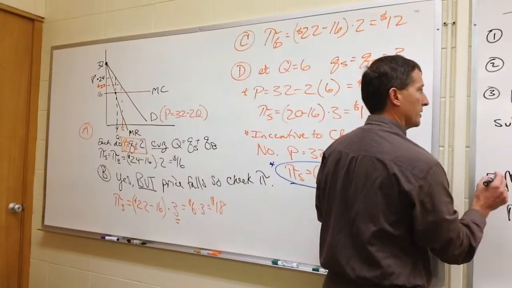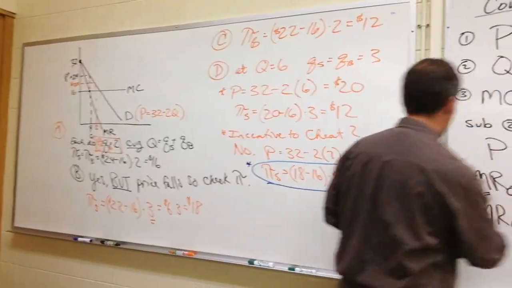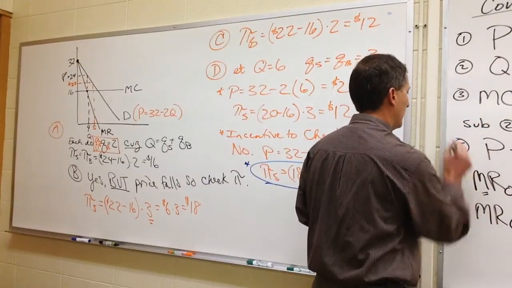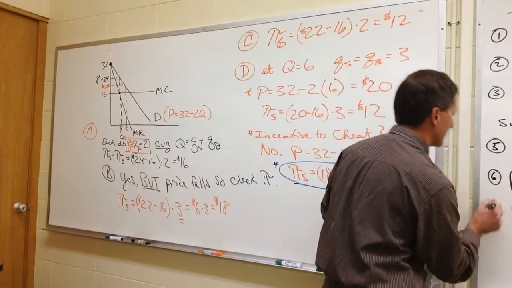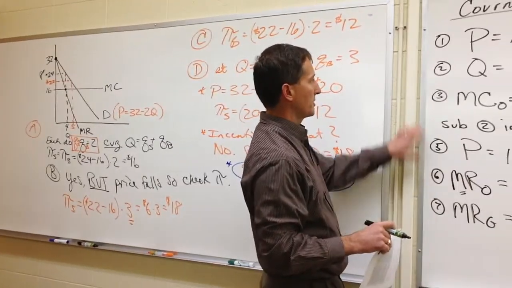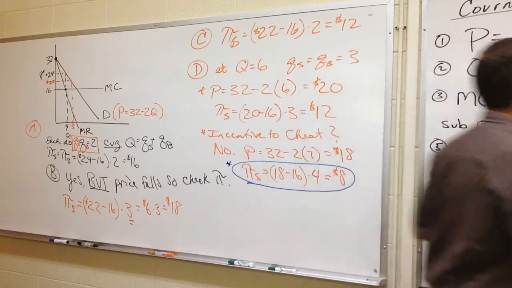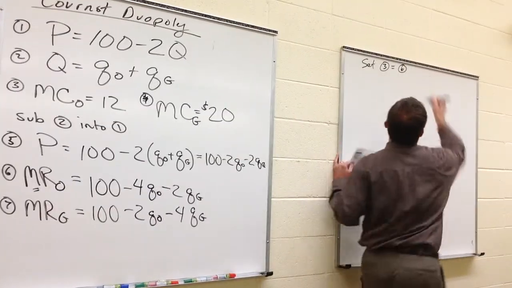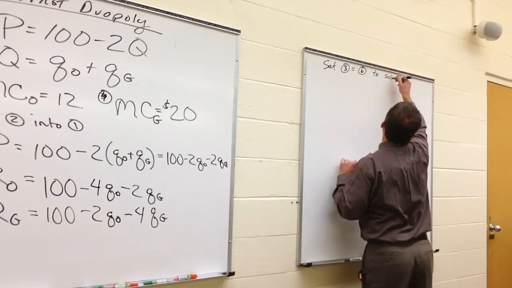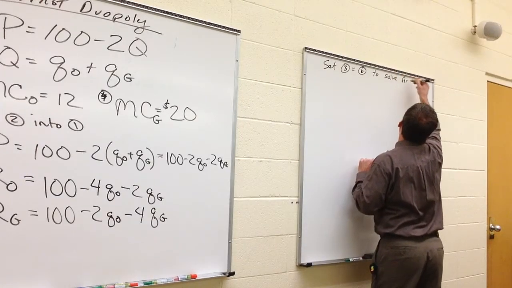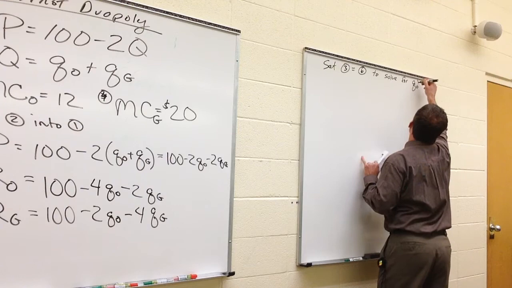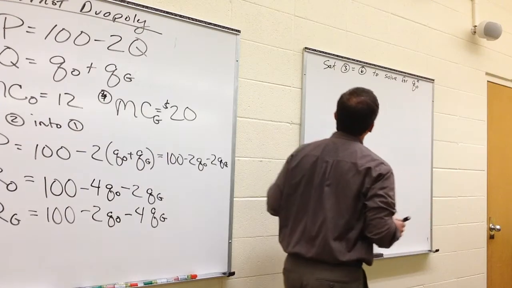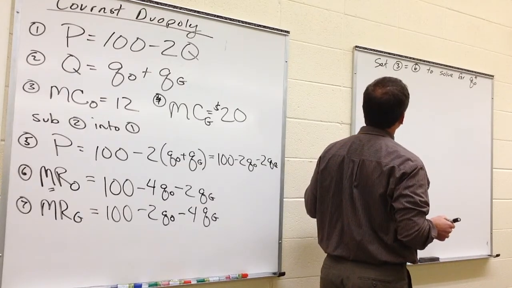Let's call this equation, actually I need this one to be a 5, this one to be a 6, this one to be a 7. So to solve for Oil Pro's optimal quantity, we're going to set 3 equal to 6. To solve for the optimal quantity for Oil Pro, marginal revenue equals marginal cost.